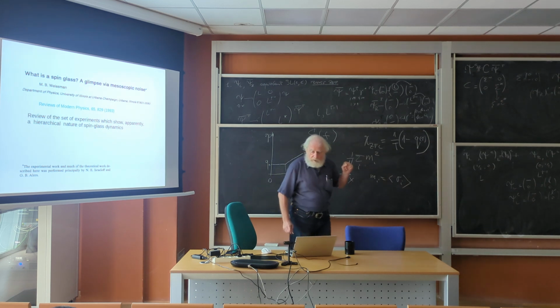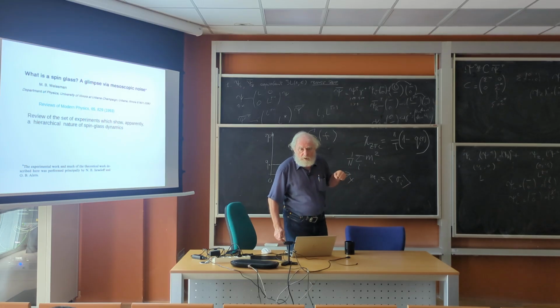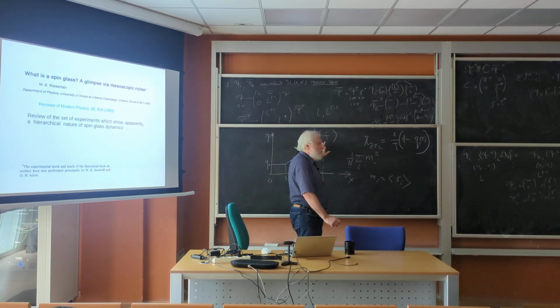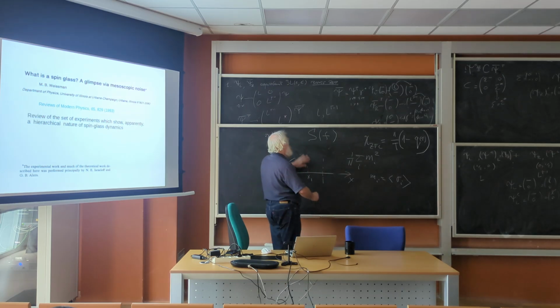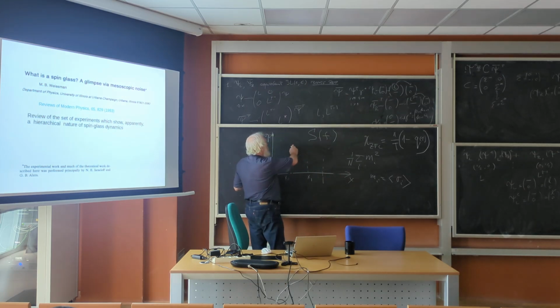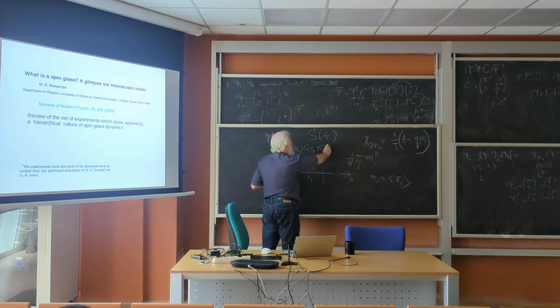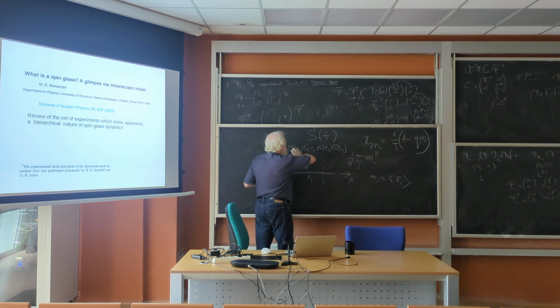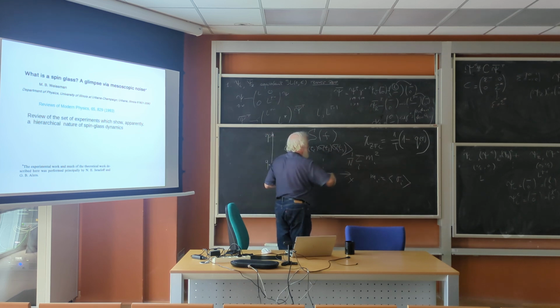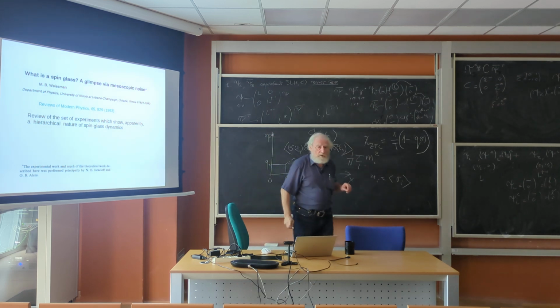And what they extracted was the fluctuation of noise, which is equivalent to the measurement of sigma t, sigma t1, sigma t2, sigma t3, sigma t4. So what they effectively measured are 4-spin correlation functions.